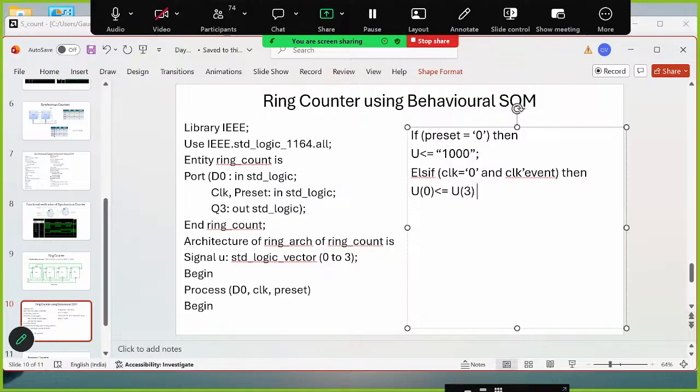And after that, what should I write? Or in other words, what should I write? U023.